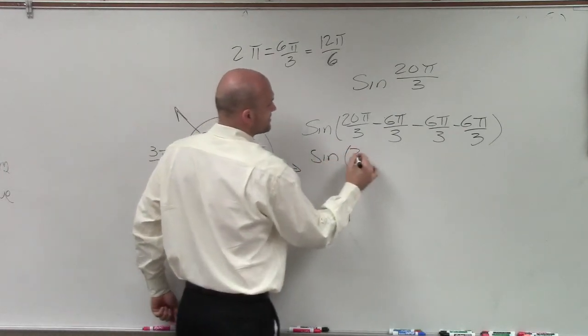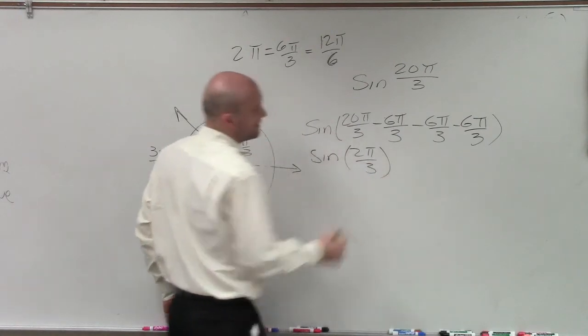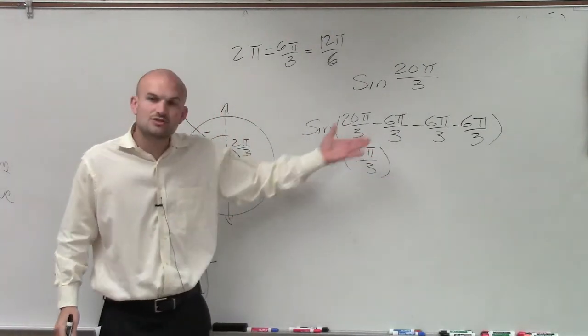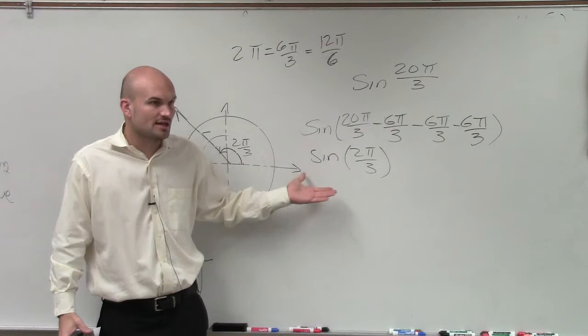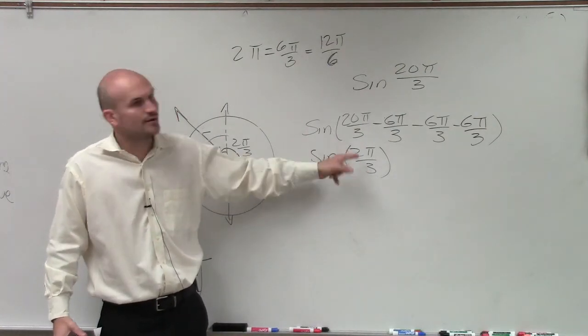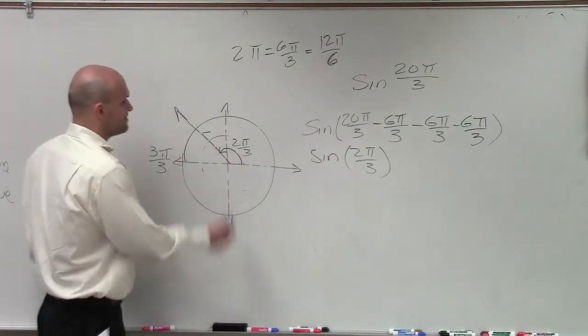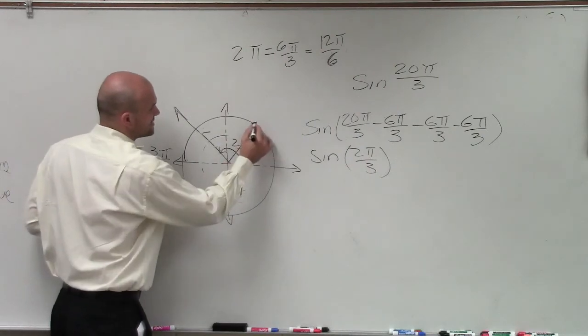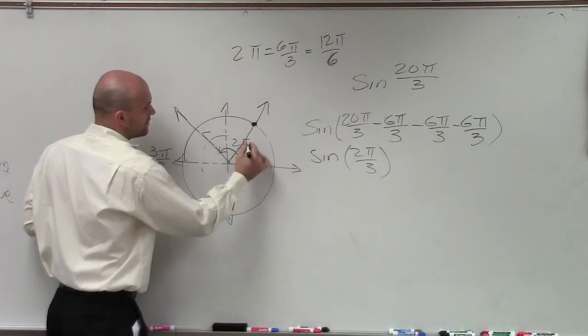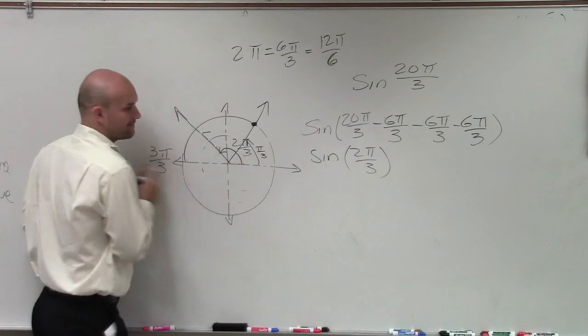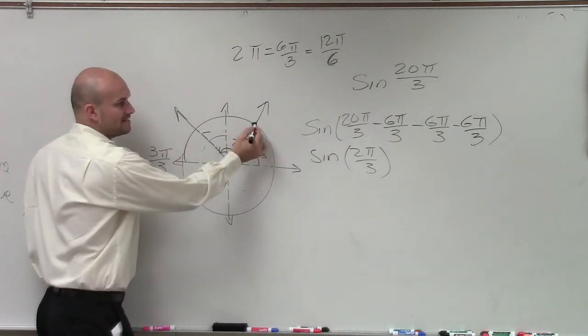So yes, guys, if you feel good graphing it, that's fine. But if you also just want to use coterminal angles to find the smallest positive or negative, you can just evaluate for 2 pi over 3. And what's nice about 2 pi over 3 is we know that's a direct reflection of pi over 3. And then we just need to know what this point is.